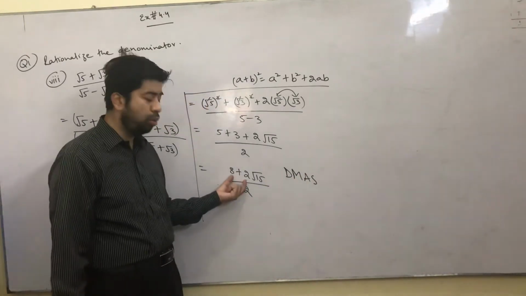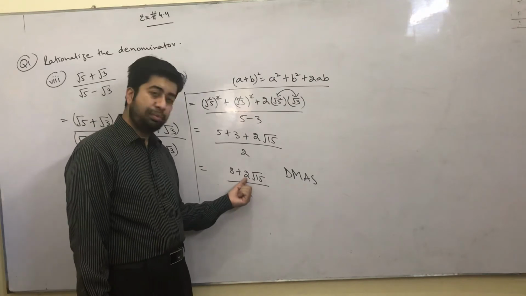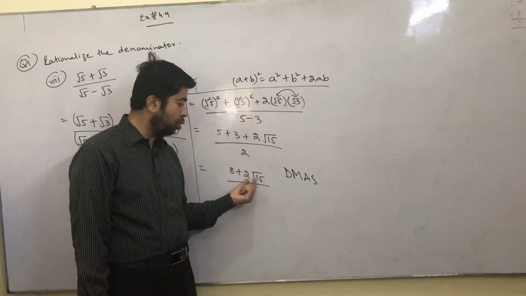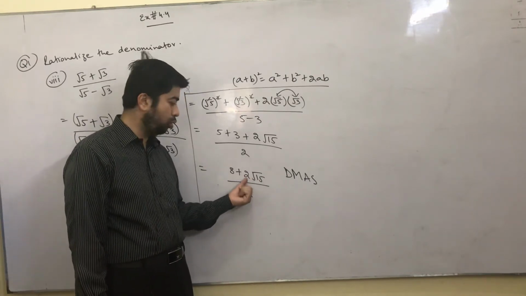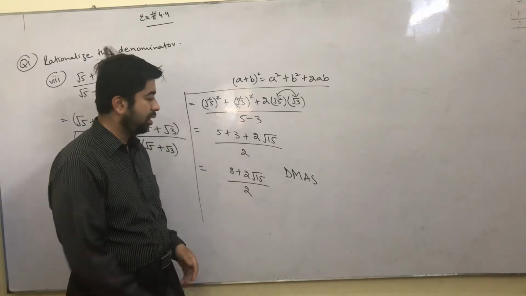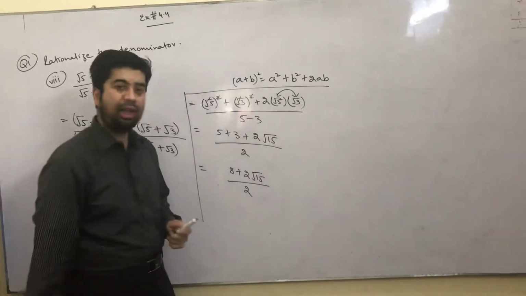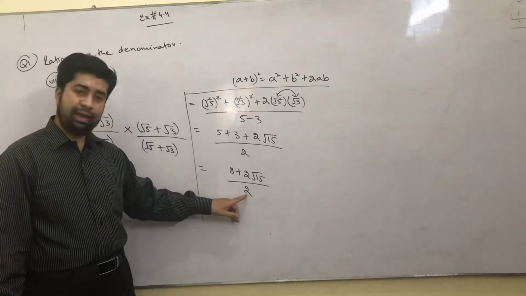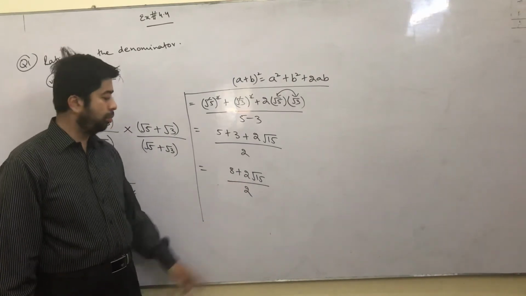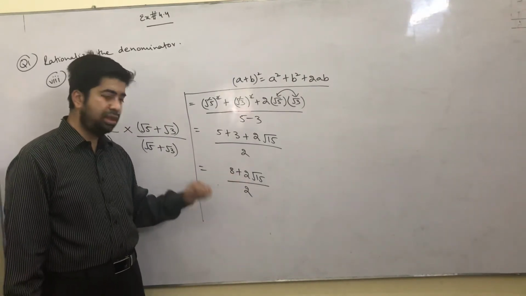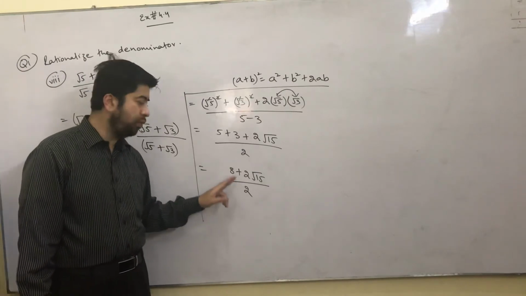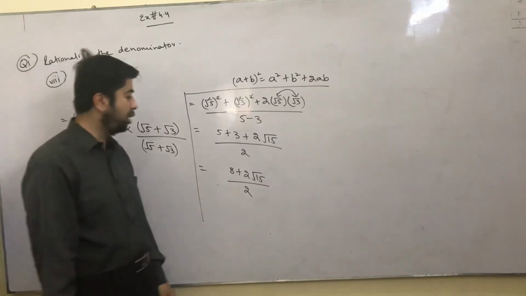I can't do addition first. First it is 2 multiplied with square root 15, so it is bound with this square root 15. So I can't do 2 plus 8. Another thing: can I cancel this 2 with this 2? No, because this is bound with a plus sign to this 8. Can I cancel 2 with 8? No, I still can't do it.